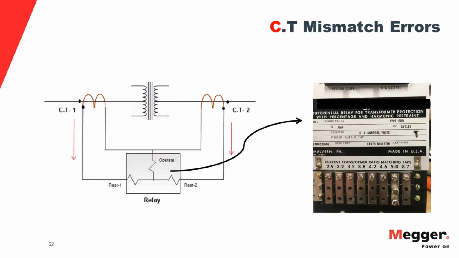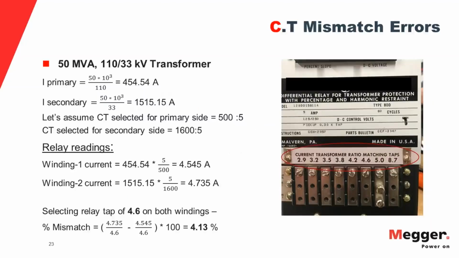If the CT ratios are selected as 500 to 5 and 1600 to 5, I would get winding one current as 4.545 and winding two current as 4.735.